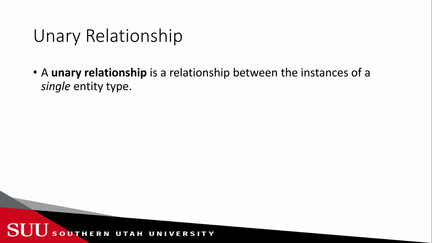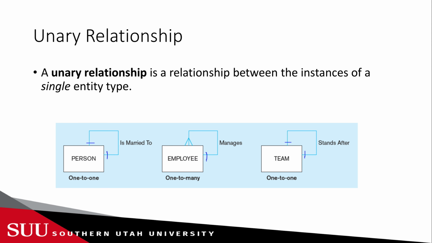A unary relationship, again, is a relationship between the instances of a single entity type. So as we've seen previously, a person is married to one person, so we have a one-to-one unary relationship. So the first one right here is what we call a one-to-one unary relationship.